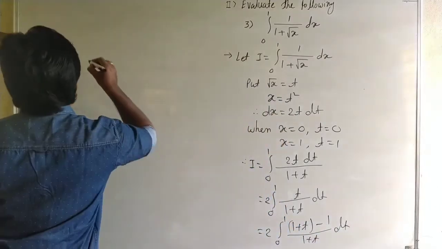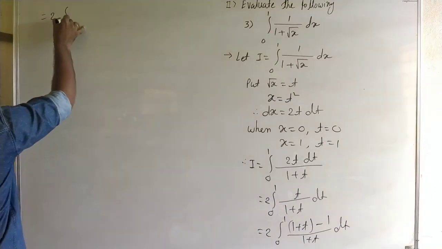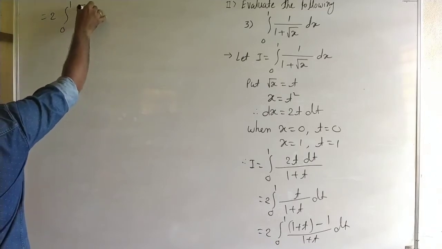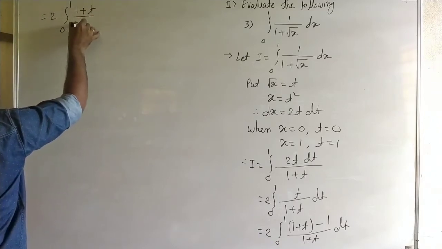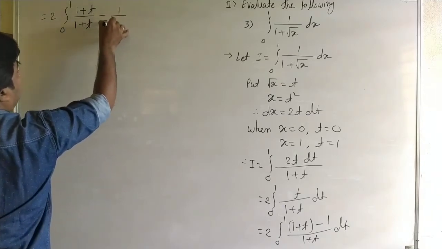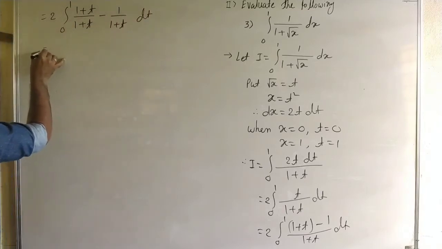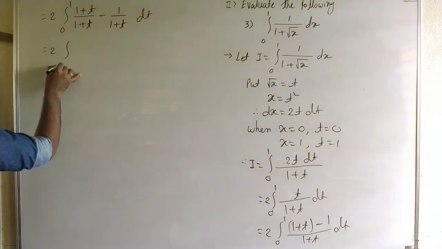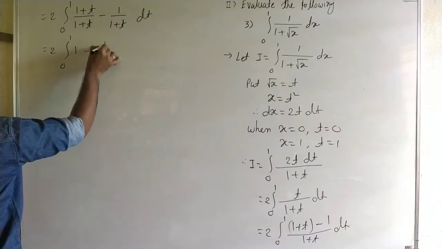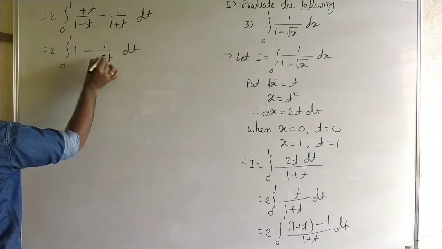Now here it is 2 into integral 0 to 1, 1 plus t upon 1 plus t minus 1 upon 1 plus t dt. Then it is 2 into integral 0 to 1, 1 plus t upon 1 plus t is 1, and minus 1 upon 1 plus t dt. Now take the integral.